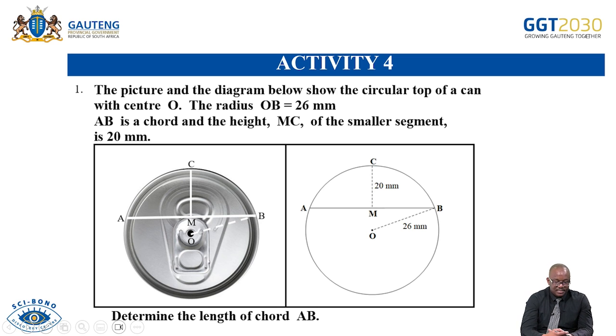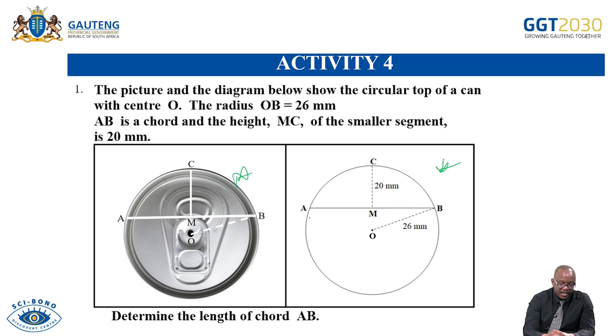That's what is given there, correct? And you can see your picture and your illustration of the diagram. Then the question says you must determine the length of chord AB.